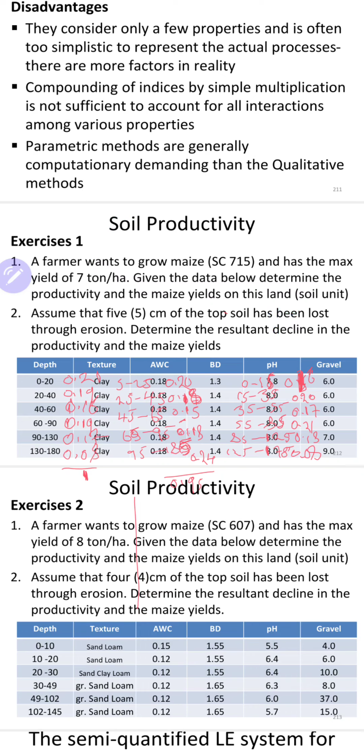Given the data below, determine the productivity and the maize yield on this land. Then number 2, assume that 5 centimeters of the topsoil has been lost through erosion. Determine the resultant decline in the productivity of the yield.